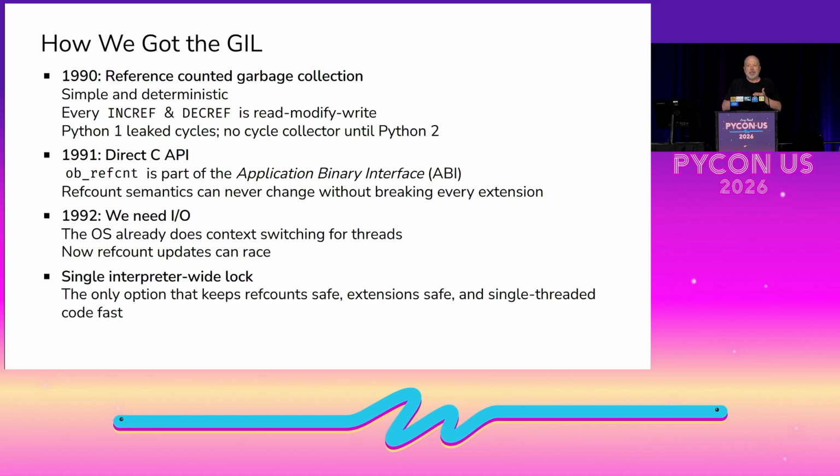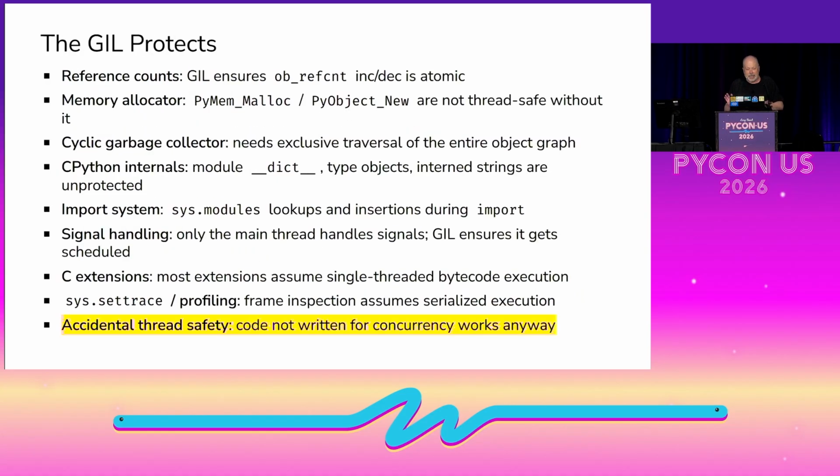And because of the sequence of these decisions, the most logical thing to do, because all we're using the threads for at this point is to do the context switches, was to have a single interpreter-wide lock. And the things that it protects are more than just reference counts.